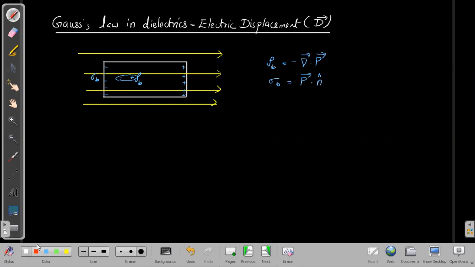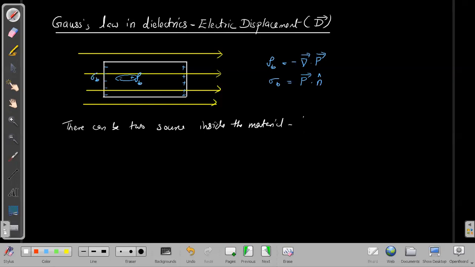Now if that is the case, if you take an insulator or a dielectric, it will have two sources inside the material. Which are they?